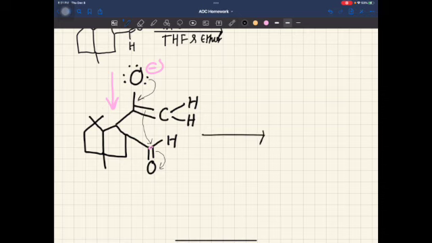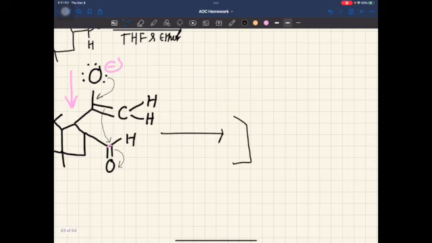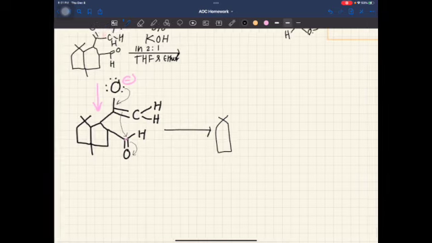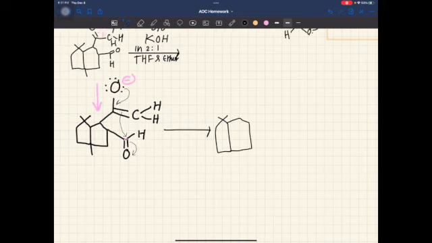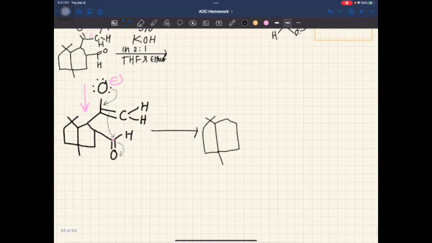So the resulting structure is going to look similar to this. Then we have our oxygen here. We have that there. And we have our O minus here.